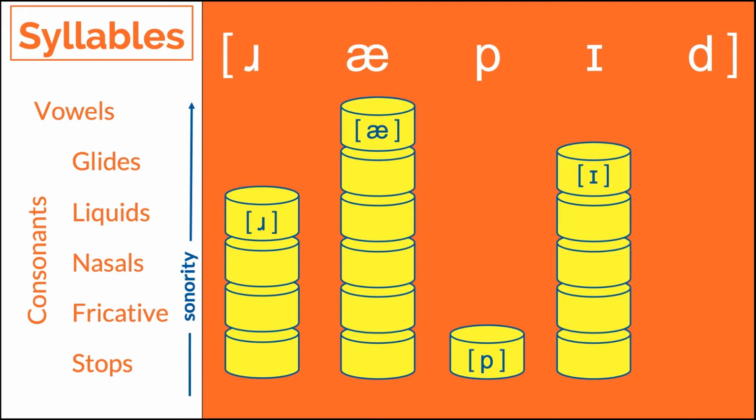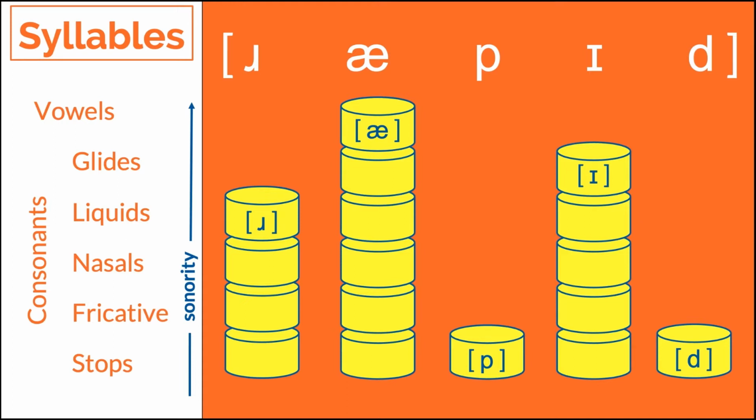It has the same degree of sonority as the glides, like y and w. And that's because the tongue position for y and for i are basically the same, and the degree of opening in the airflow path is approximately the same. And it's considerably less than a sound like a, which is much more open. So it has a greater degree of sonority than p or r, but not quite as high as a. But the final sound d is another stop, and so it also has that lowest degree of sonority.